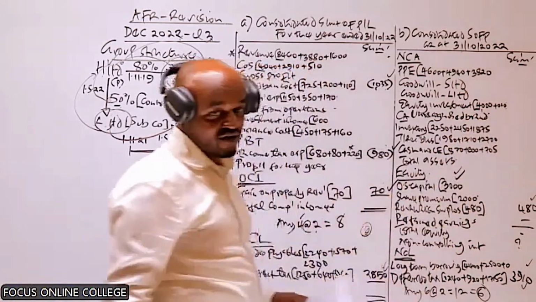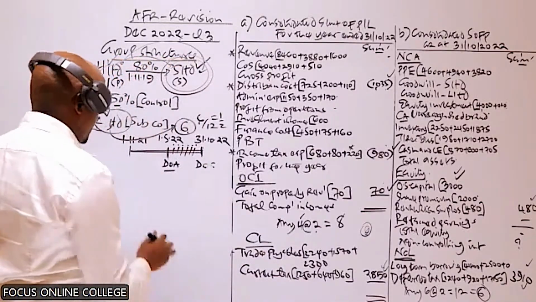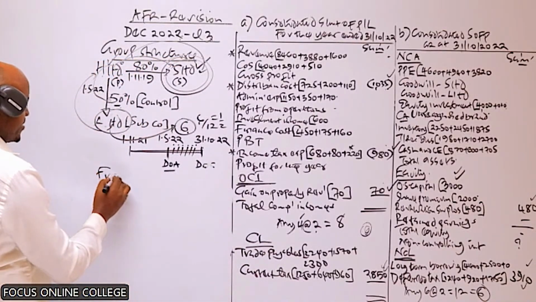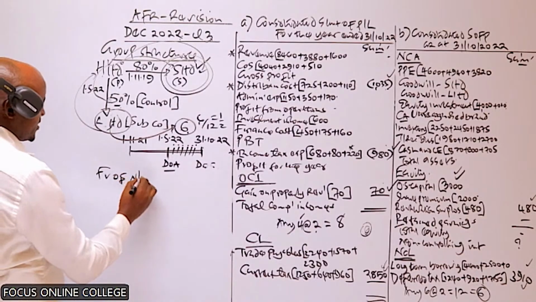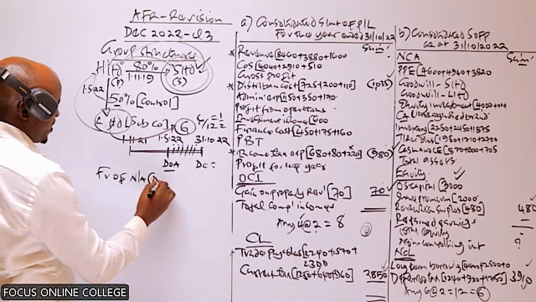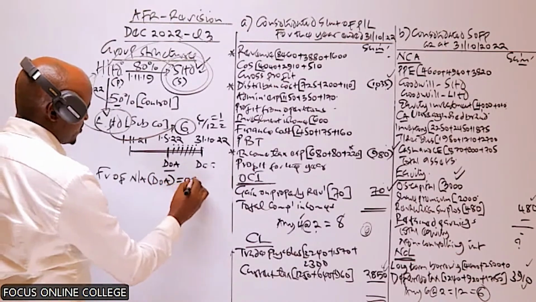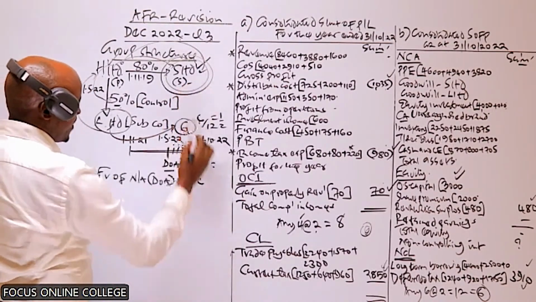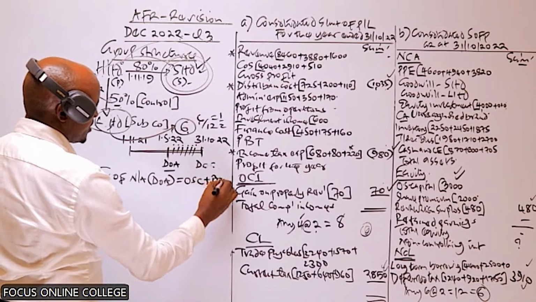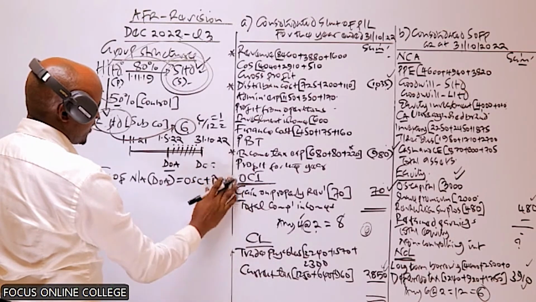Are we given the value for that brand? No. But basically we are given the fair value of net assets on the date of acquisition. And we know how we compute this: by taking the ordinary share capital of S plus the pre-acquisition reserves.